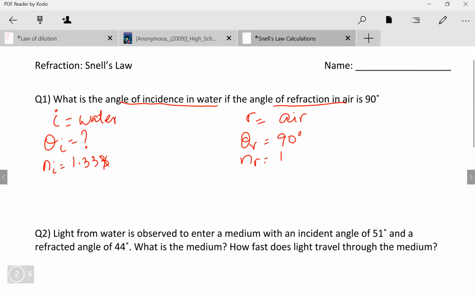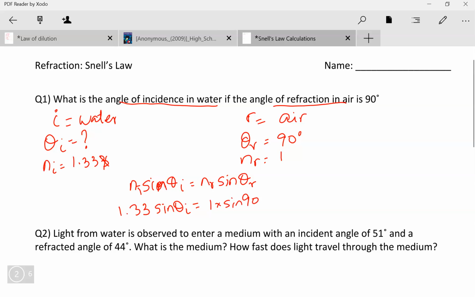Again, an approximation. Now we're going to use Snell's law, Ni sine theta I equals Nr sine theta R. So 1.33 times sine theta I, which we'll just leave as sine theta I, equals Nr sine theta R, which is sine 90.